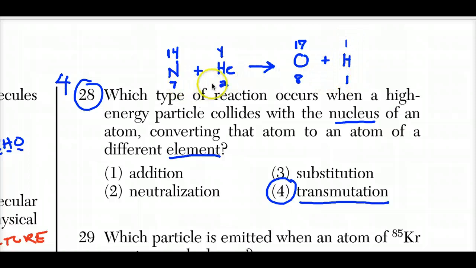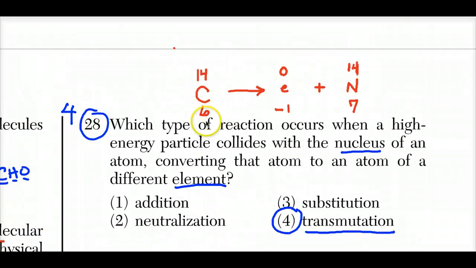So this is a type of transmutation where the nucleus is changing from one element to the other because its proton number is changing. But notice that the mass number, 14 plus 4, 18 on one side is 18 on the other, and the charge number or the proton number, 7 plus 2 is 9 on the bottom, and 8 plus 1 is 9.